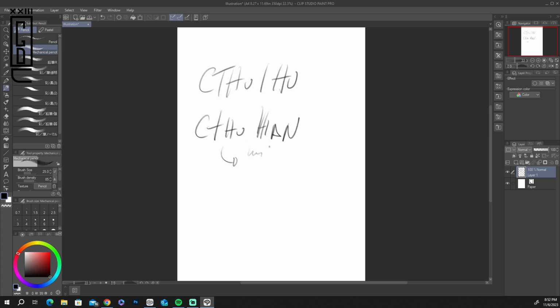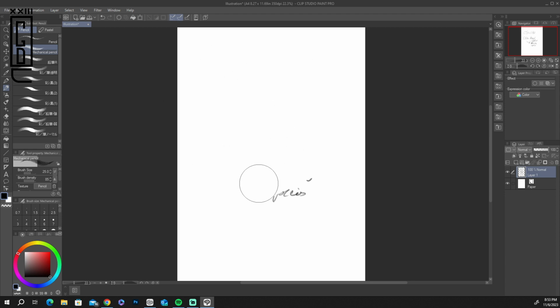It is an inhabitant of the Cthulhu species. I have some ideas about these guys, and they're pretty much mollusks, like an octopus. But I'm not going to do an octopus.